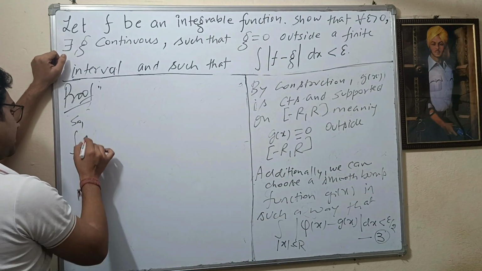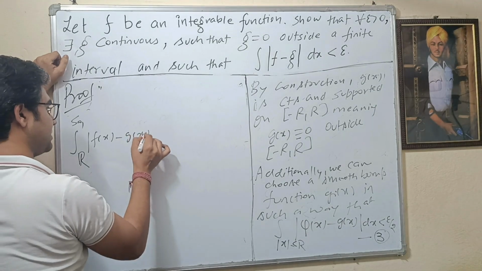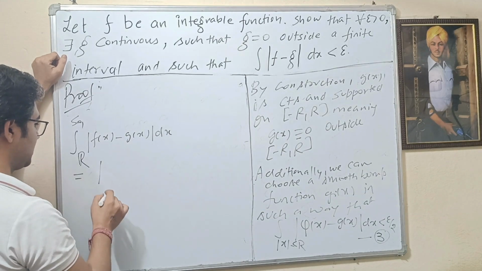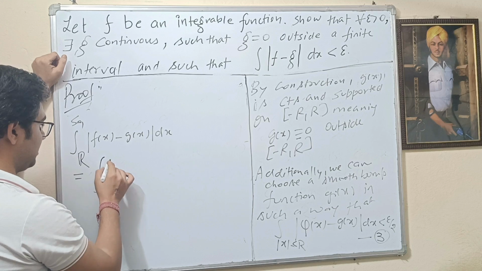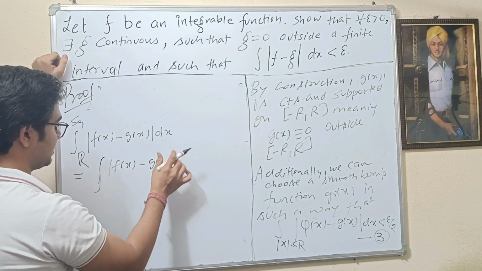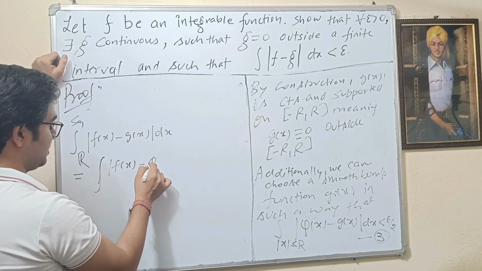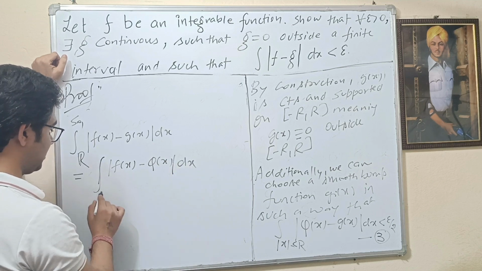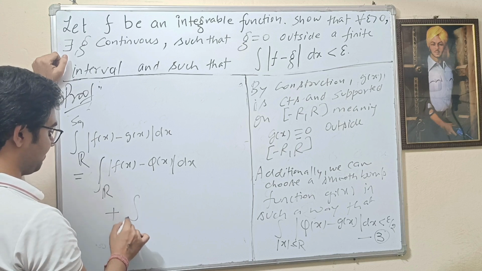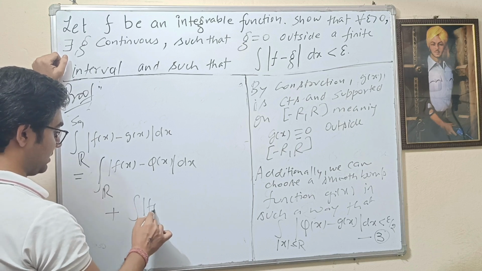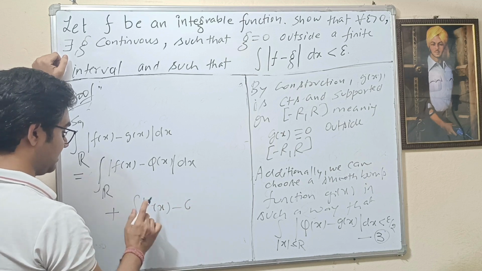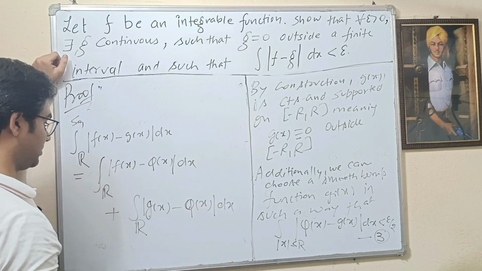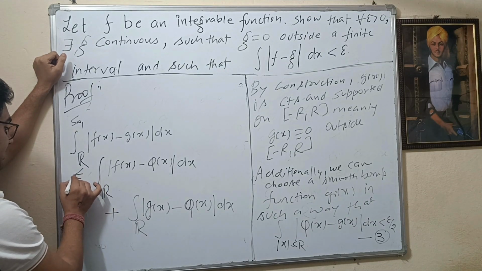So the integral over R of |f(x) minus g(x)| dx is at most the integral over R of |f(x) minus phi(x)| dx plus the integral over R of |phi(x) minus g(x)| dx. Okay, it is by the triangle inequality. Clear?